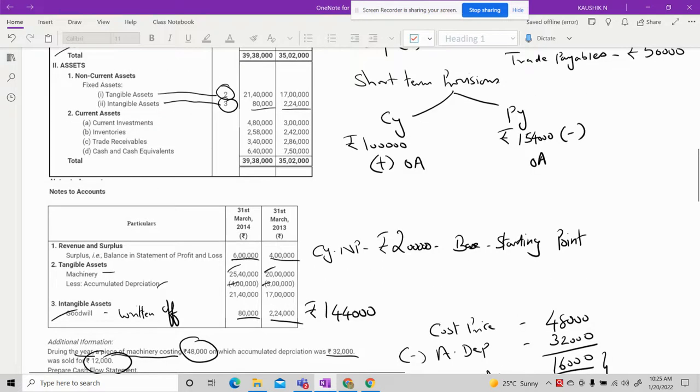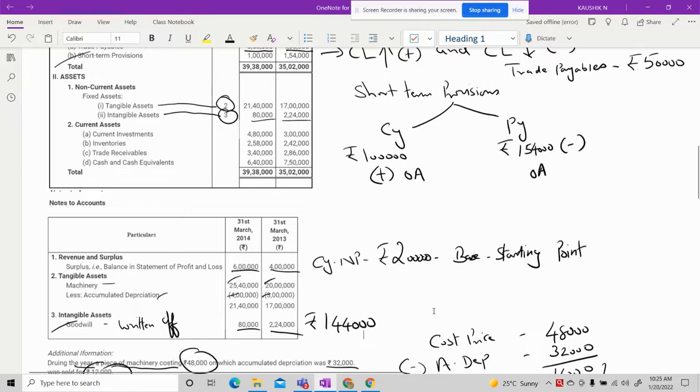And then comes your current assets. So for current assets also, you know what the concept is. The concept of current asset is, if your current asset increases, it should be minus, and if your current asset decreases, it should be added. So let's see which current assets have gone up and come down.